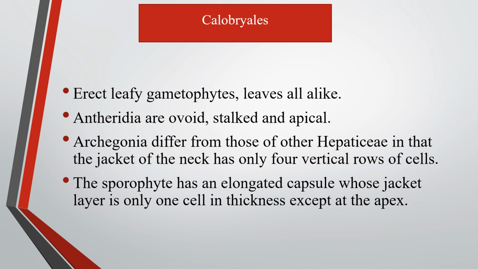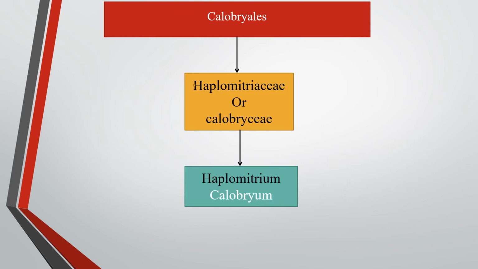The sporophyte has an elongated capsule whose jacket layer is only 1 cell in thickness except at the apex. Now let us see in the order Calobriales how many families he included. He included only one family, that is Haplomitriaceae, or we also call it Calobriaceae. In this group he included two types, that is Haplomitrium and Calobryum.